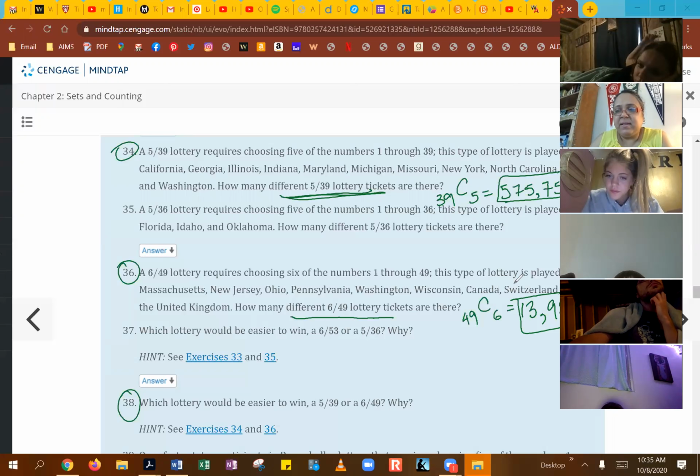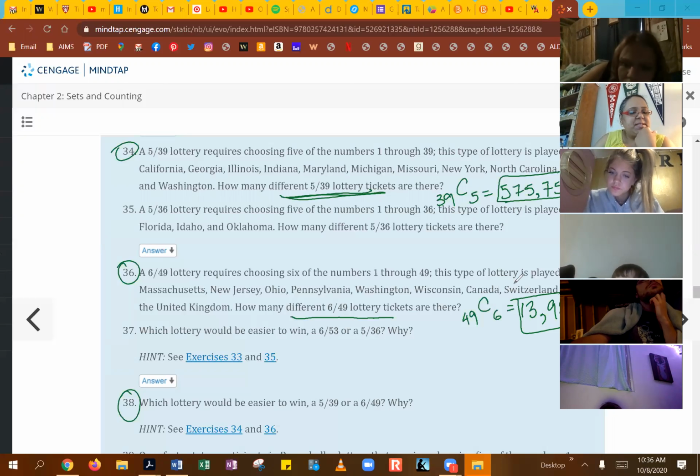5 over 39? And why is that? Okay, Ethan, you're saying 6 over 49. Isabel and Burgundy, you guys are saying 5 over 39. Can you give me a reason why you are choosing the answer you are choosing?